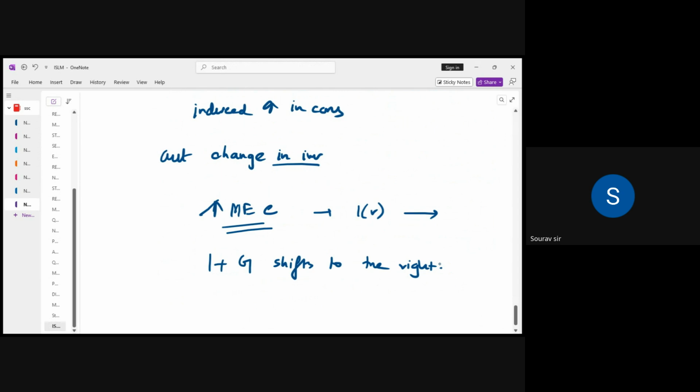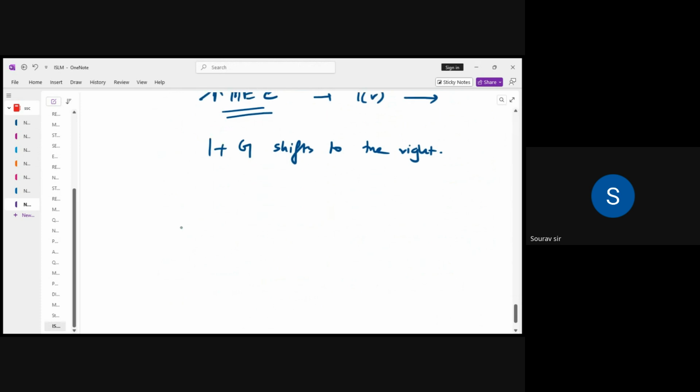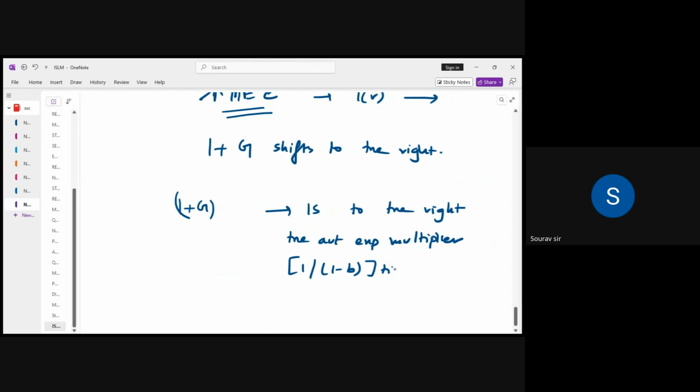This rightward shift by the amount of the autonomous increase in investment has exactly the same effect on the IS curve. So each type of change shifts the I plus G curve and in turn shifts the IS curve to the right. The autonomous expenditure multiplier is 1 by 1 minus B times the increase in G.